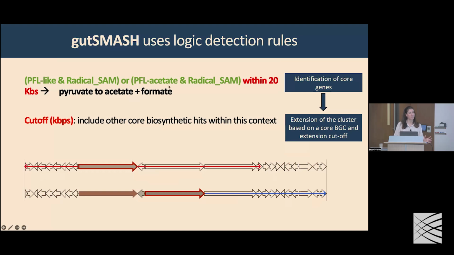If we find this combination of Pfams within 20 kb, this is the signature reaction for the pyruvate to acetate plus formate pathway. And then once we identify the core genes, we extend the cluster on both of the flanks to be able to include the other core biosynthetic genes that might be nearby.